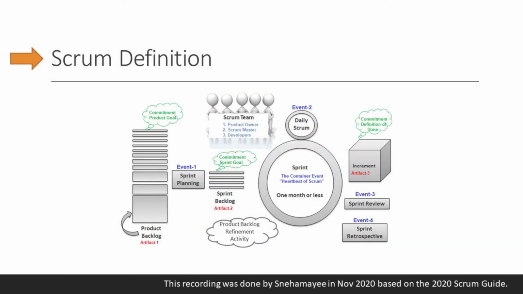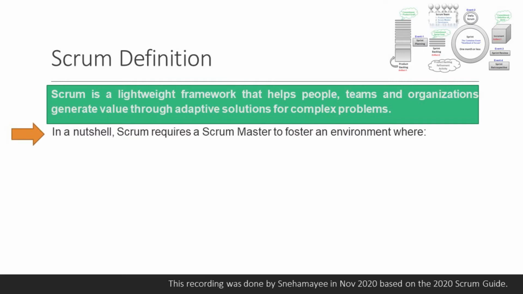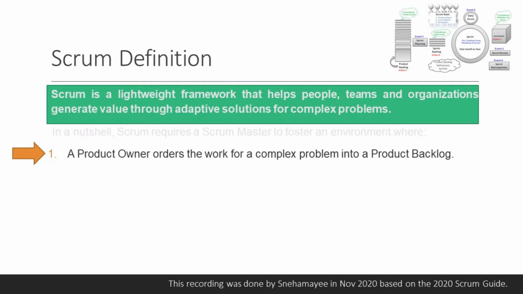Scrum Definition. Scrum is a lightweight framework that helps people, teams, and organizations generate value through adaptive solutions for complex problems. In a nutshell, Scrum requires a Scrum Master to foster an environment where: 1.